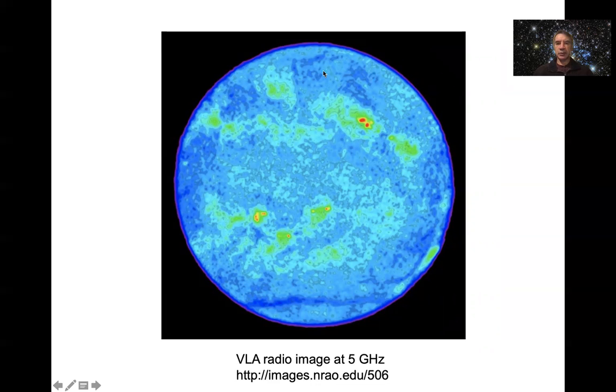Obviously, the sun's very close, so it's very bright. But you can also see these hotspots, which correspond to the sunspots here. So these are more intense bits of radio emission. Some of these would be free-free, others would be non-thermal emission from the electrons circling around in the loops of plasma, as we shall see.